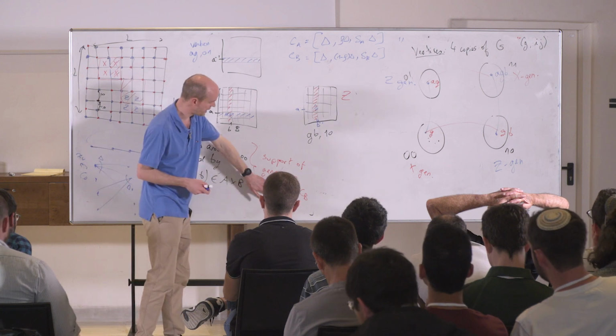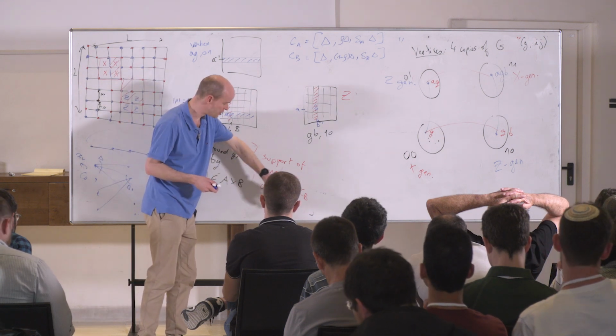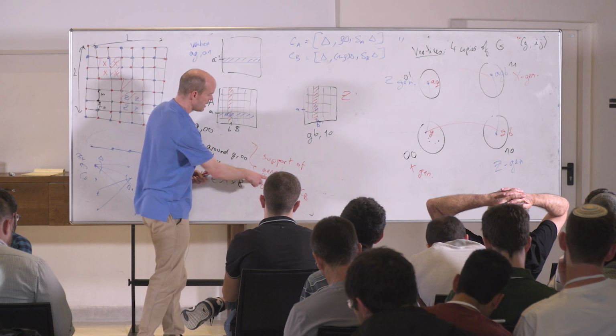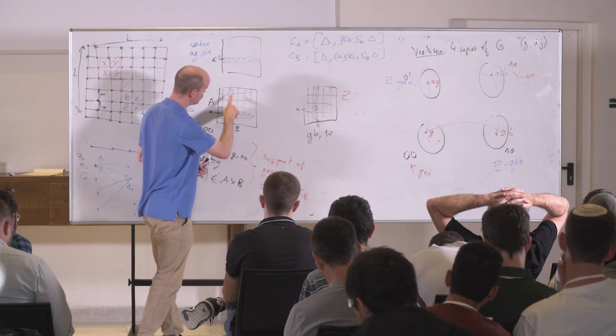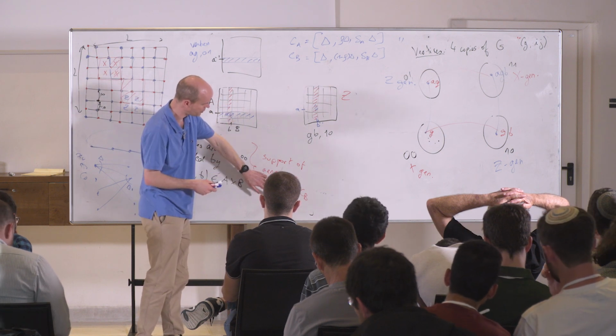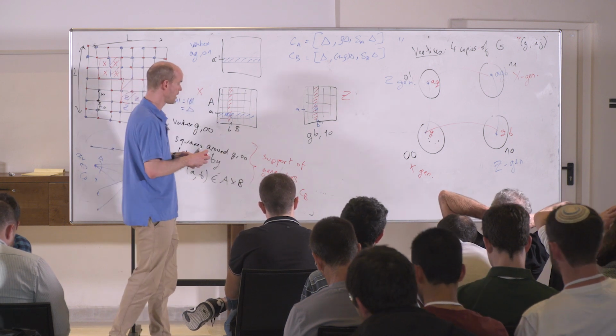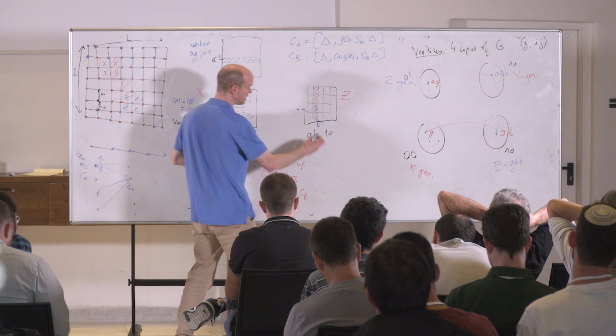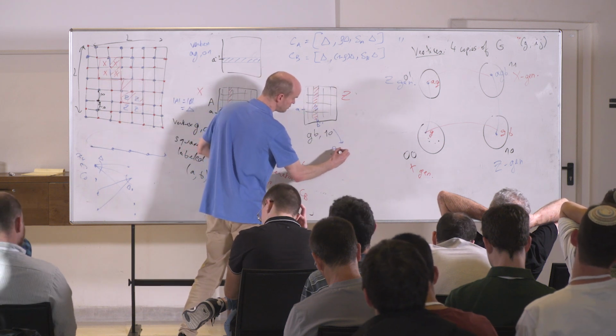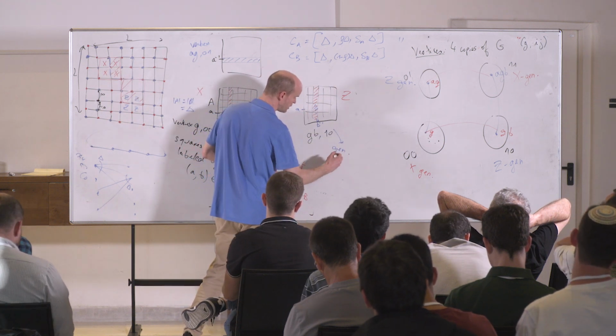I take two codes like this, and then all the generators will be all the code words, or a basis of the code words, of this thing.